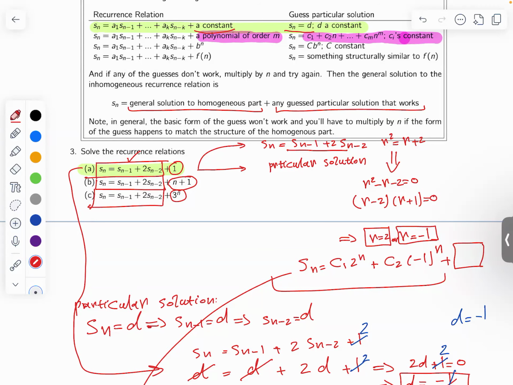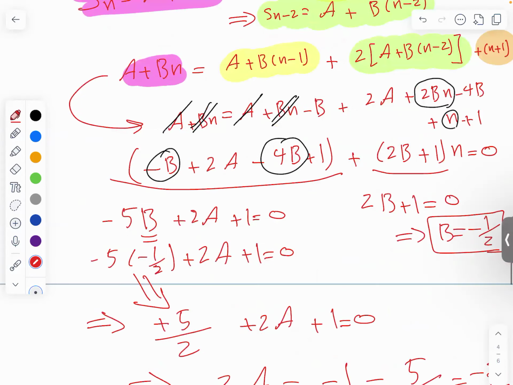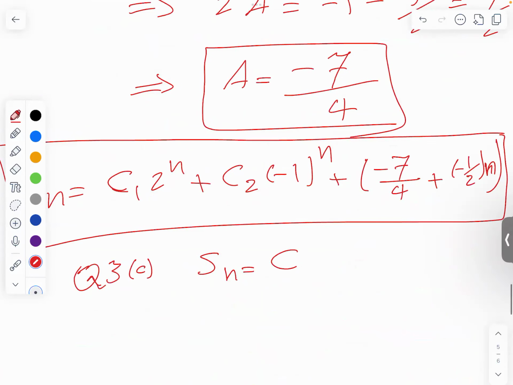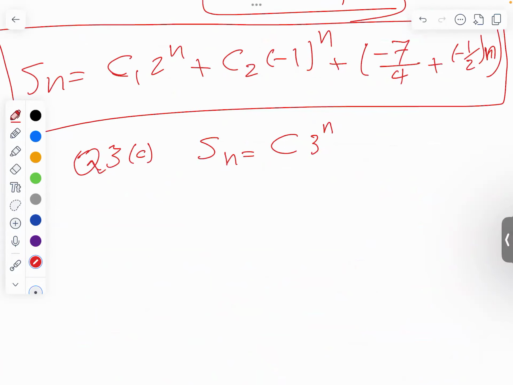Our task is to find C. If this one is n, then Sn minus 1 will be C times 3 power n minus 1. Sn minus 2 will be C times 3 power n minus 2.